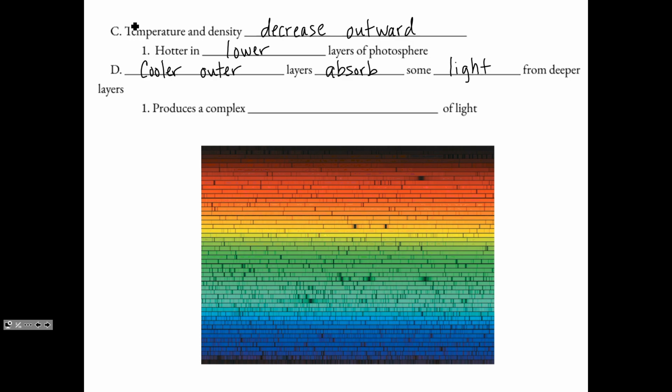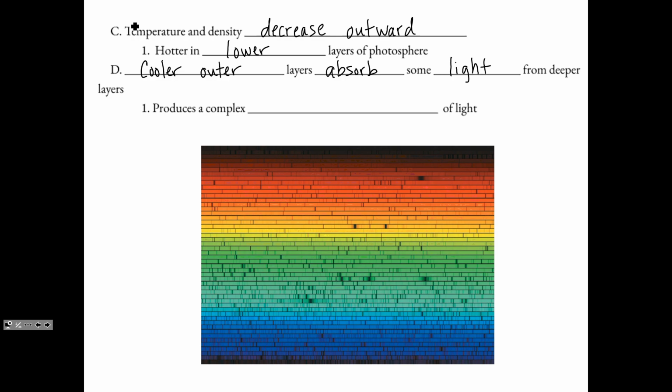So the photosphere is emitting light at all different wavelengths, all different colors. But as it travels through the photosphere, some of those gas molecules, some of those atoms in the photosphere absorb that light, and that takes away colors.